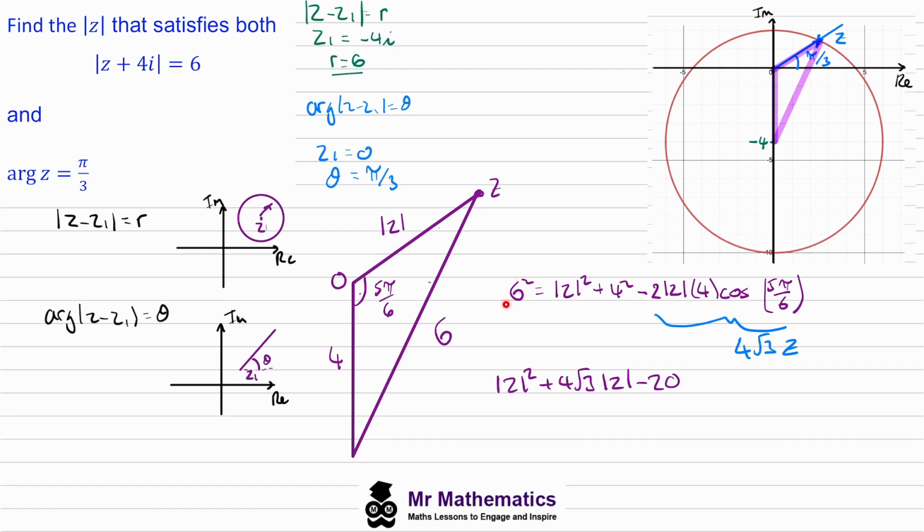I'll move this 36 over to the right-hand side. This will equal 0. We can solve this, and the magnitude of z will be 2.19, and we're also given the solution negative 9.12, but we know this is not valid because the magnitude has to be positive. So the magnitude of z that satisfies this and this must be 2.19 to 2 decimal places.